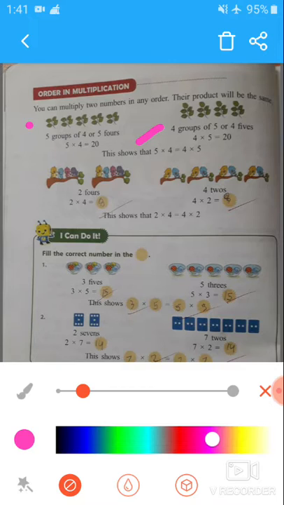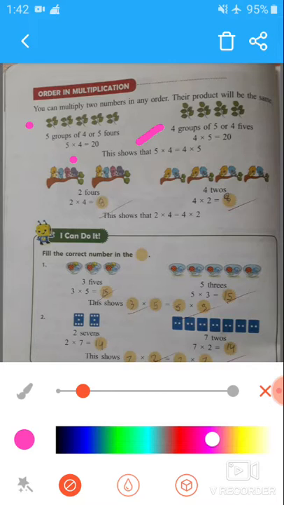There are 5 groups of leaves, and in one group there are 4 leaves. So 5 multiplied by 4 equals 20.